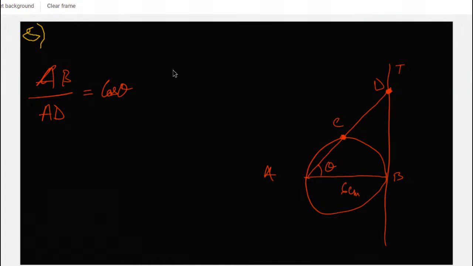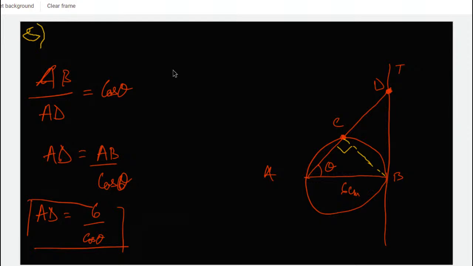Now for AC, AC over hypotenuse AB is cos theta, so AC is equal to 6 cos theta.